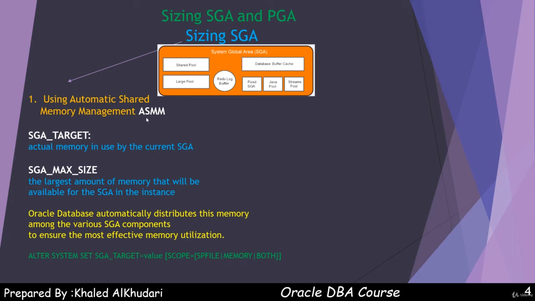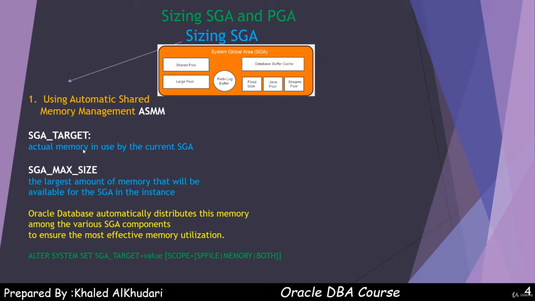It's very simple. I have 2 parameters: the first is SGA_TARGET, and the second is SGA_MAX_SIZE. The SGA_TARGET is the actual memory in use by the current SGA. The SGA_MAX_SIZE is the largest amount of memory that will be available for the SGA in the instance.